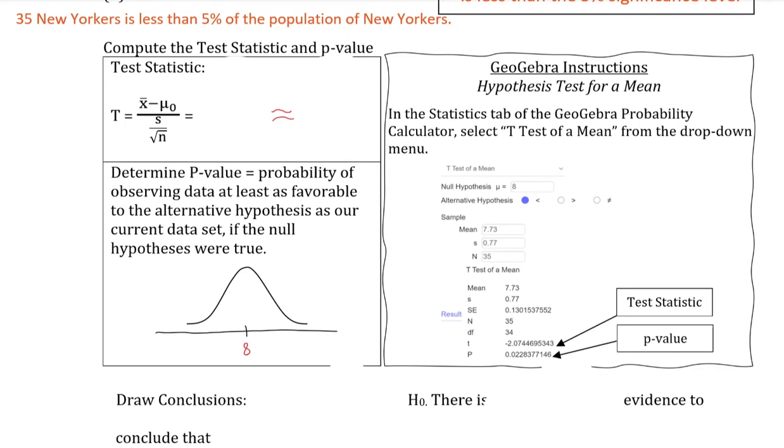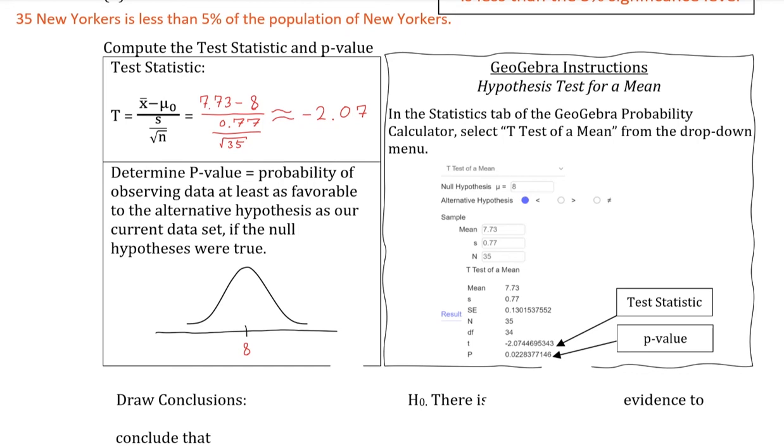We have x bar minus mu sub 0 divided by the sample standard deviation divided by the square root of n. That would look like this: 7.73 minus 8 divided by 0.77 divided by square root of 35, which results in a t-score of about negative 2.07, indicating that our value is about 2.07 standard errors below the mean.